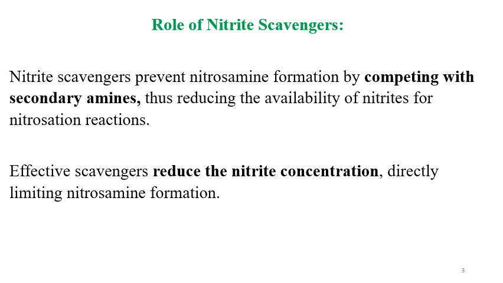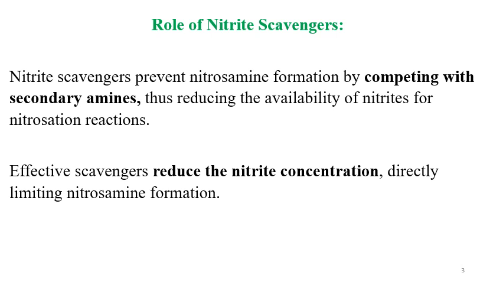The nitrite scavengers act by preventing the nitrosamine formation by competing with the secondary amines and thus reducing the availability of nitrites for the nitrosation reaction. As we know, nitrosamine formation involves nitrosating agents, an acidic environment, and amine groups.